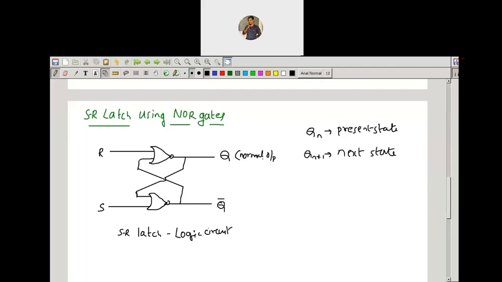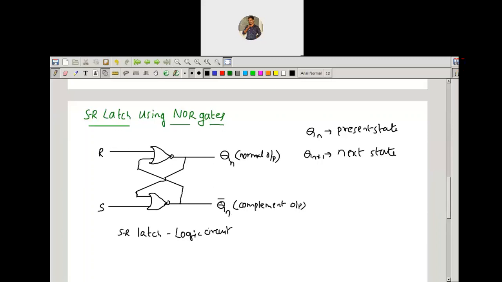This one is the normal output, and this one is the complement output. Let me take the present state as Qn and Qn bar.